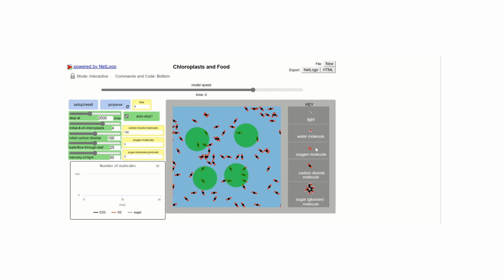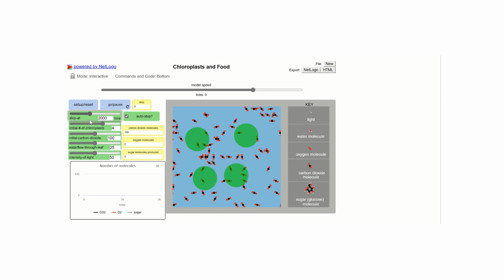Oxygen will be 2 red dots. Carbon dioxide, 2 red dots and 1 black dot, CO2. And sugar or glucose, C6H12O6.